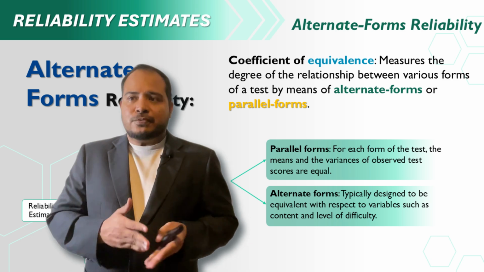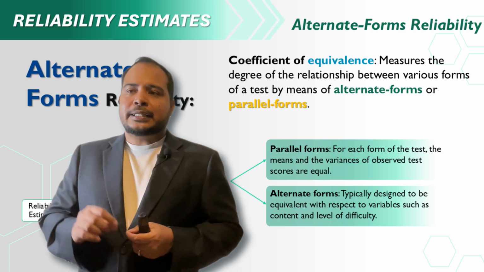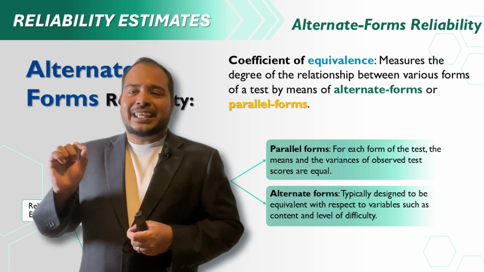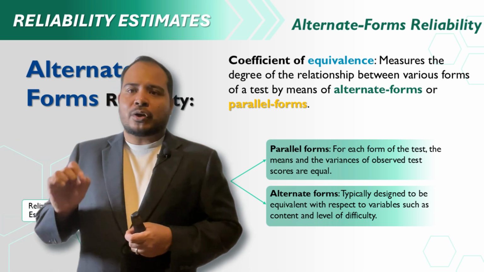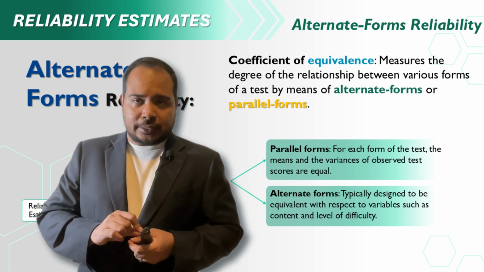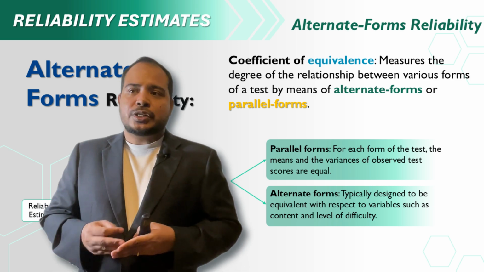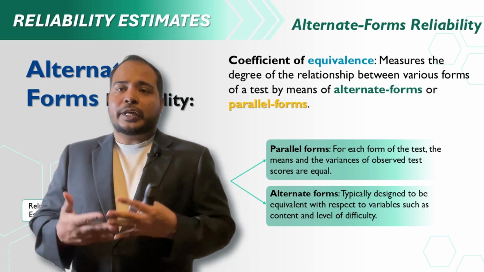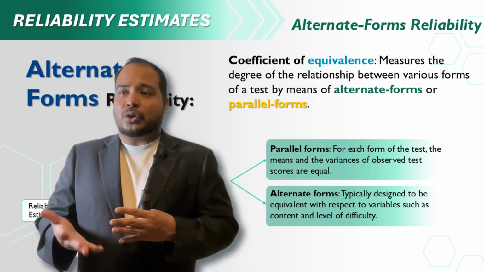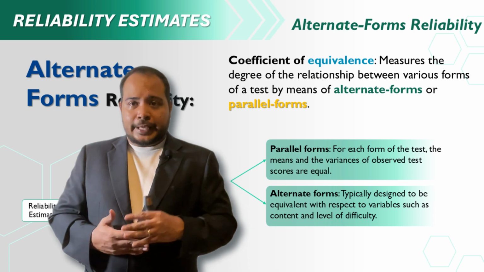Alternate forms are basically designed to be equivalent with respect to variables such as content and level of difficulty. But here they do not mention whether they should have the same format or the same number of items. For parallel forms, yes.